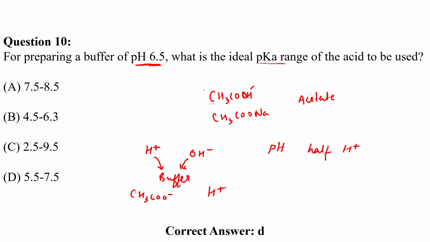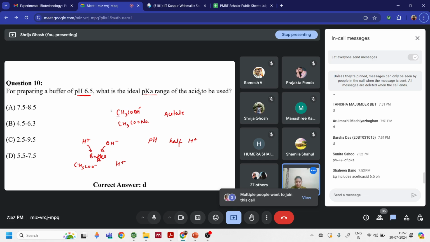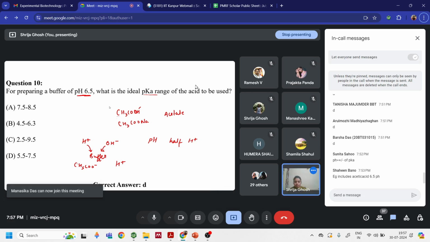Whatever anion has a pKa range around that particular pH, we will use that buffer system. So for this case we can use this system. I hope this is clear.